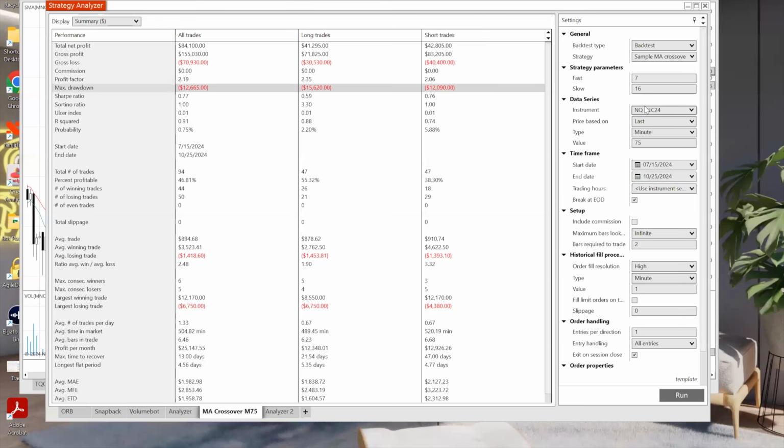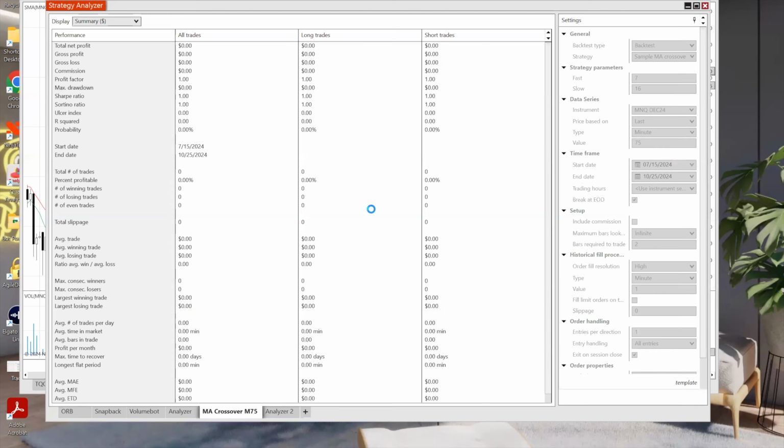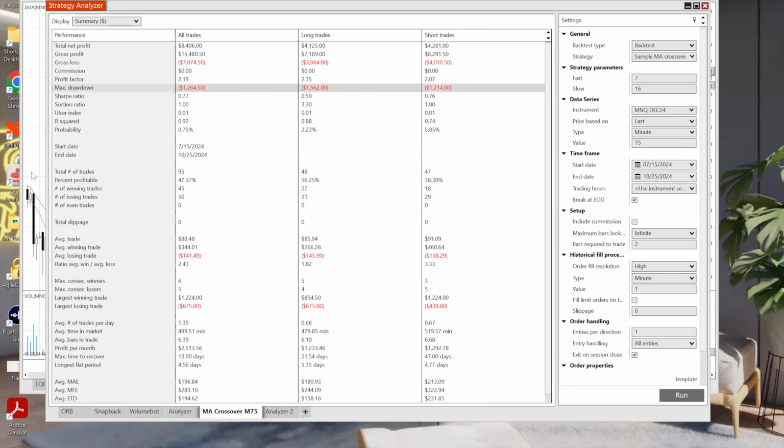However, we want to trade MNQ, and you'll notice our drawdown is about a tenth, right? So think of it like you add a 0 onto the end of all of these numbers when you are using the NQ, right?